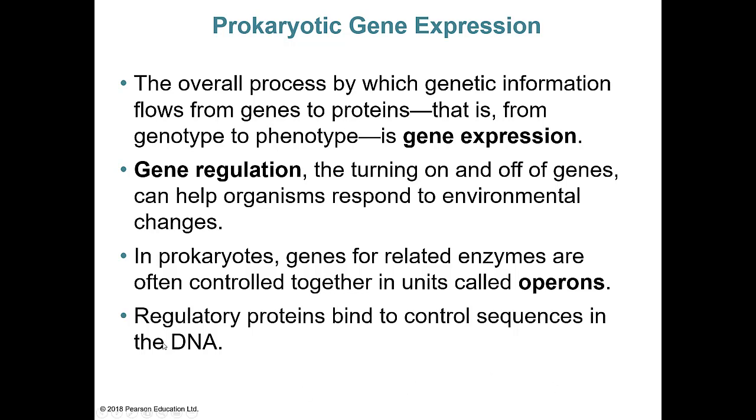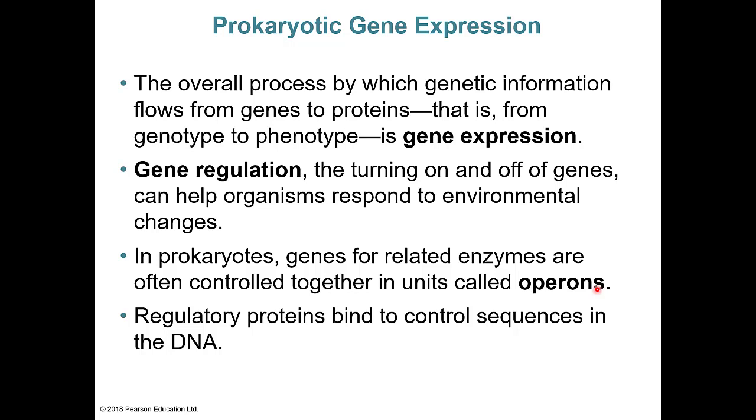And that is the concept that you see here of the operon. So an operon is this unit that we control as a single unit, but it will have several genes on it. So when we turn on the operon, we can essentially transcribe each of those genes together. We also have proteins that will bind to different control sequences in the DNA.